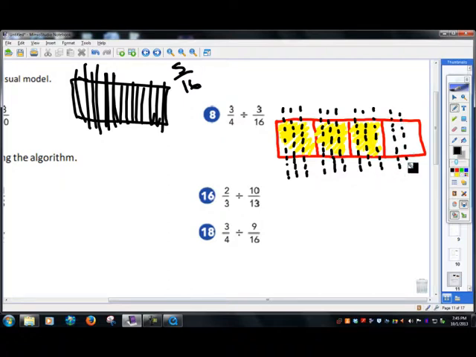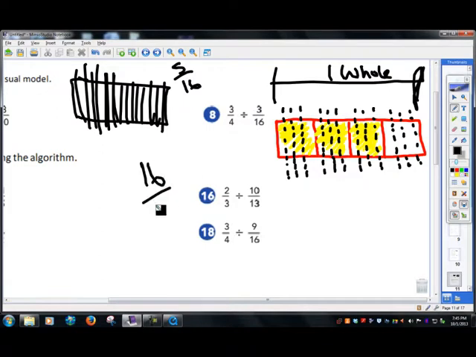I hope this makes sense. All I'm doing is cutting the entire thing into 16ths. 1/16, 2, 3/16, 4, 5, 6, up to 16ths. Again, this whole thing represents one whole, and 16/16 is one whole. Remember, 16 over 16 equals 1. So that's all I did.